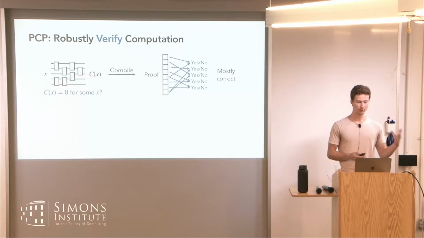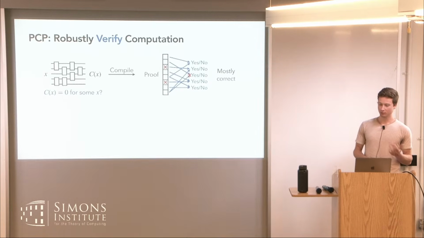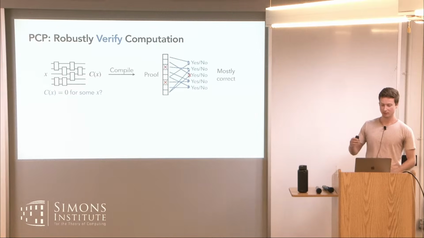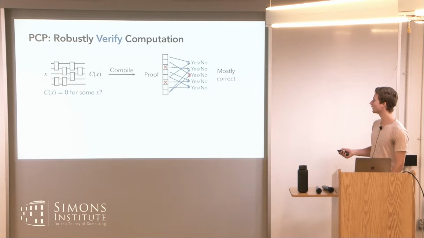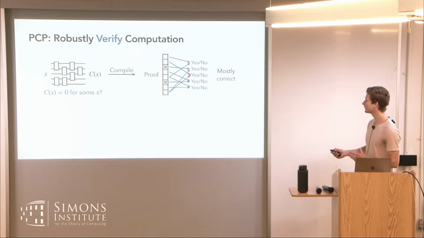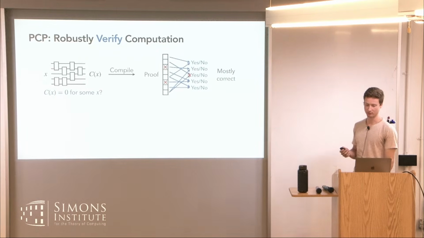It's just a way of compiling a computation into a proof that's locally checkable. And we can think of this local checkability as a robustness property, because local checking is inherently robust. If we corrupt even a constant fraction of the proof bits, or a constant fraction of these local checks, since everything is local, as long as this constant fraction is sufficiently small, the vast majority of our checks will still give the right answer.